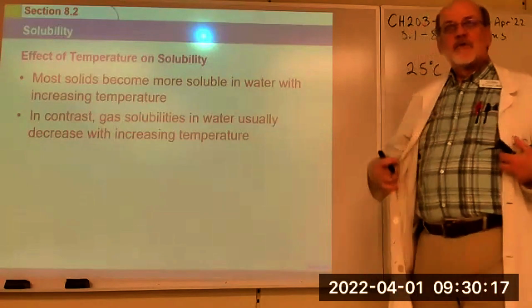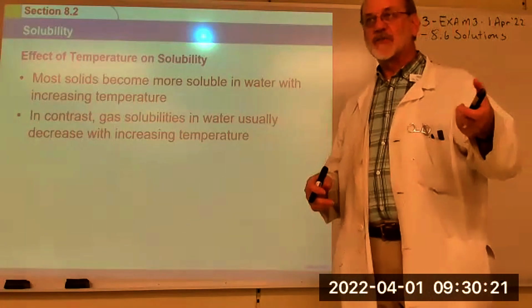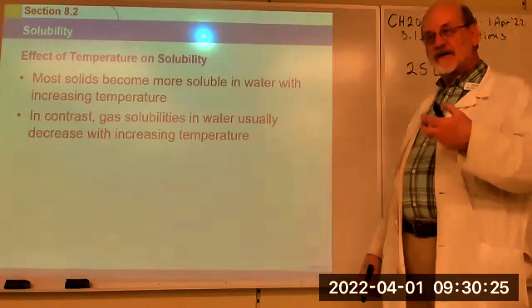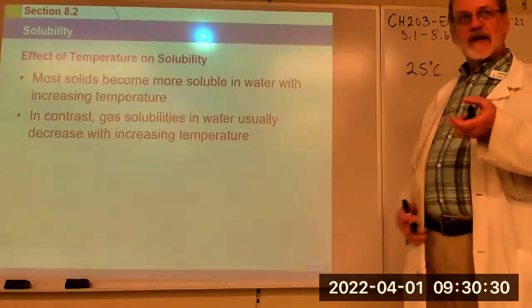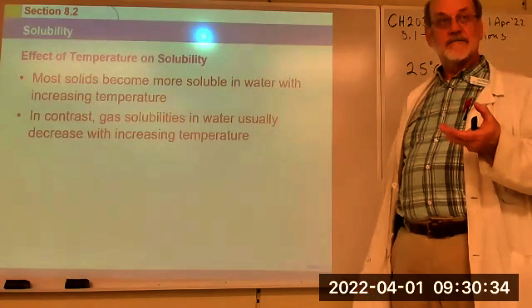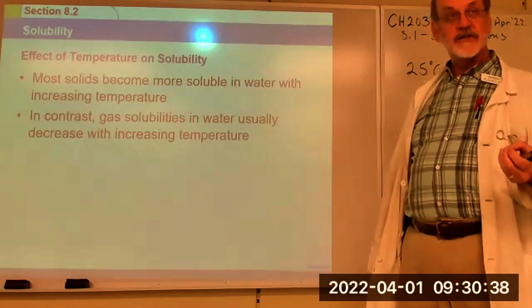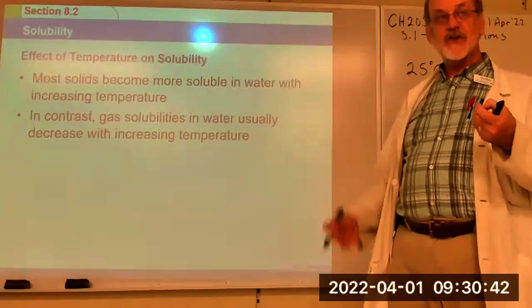So when you're going to boil water, you put a pot of water on, you're going to make spaghetti. You turn on the heat, and you stare at it so it'll take longer to boil. And eventually, what does it do? You start seeing gas bubbles, right? Those are not water molecules turning to steam. The first thing you see as you heat the water up is gases coming out of solution.